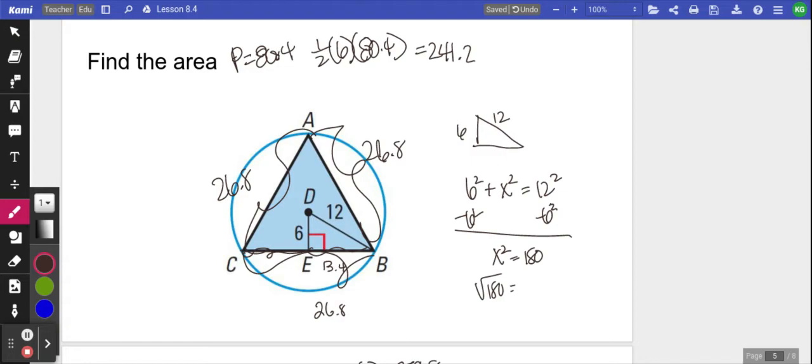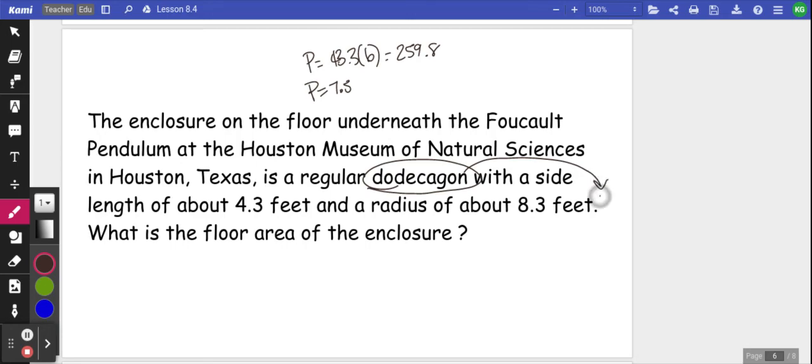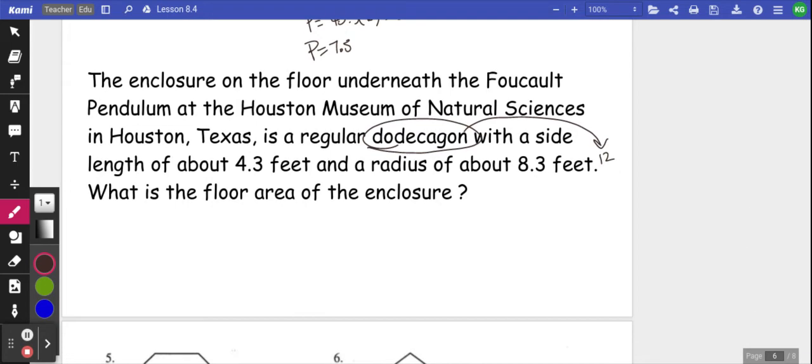On this next one, the enclosure on the 4th floor underneath the Foucault pendulum at the Houston Museum of Natural Sciences in Houston, Texas, is a regular dodecagon. Remember, dodecagon means 12. A side length is 4.3 feet, and the radius is about 8.3 feet.